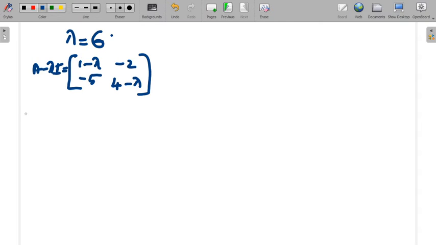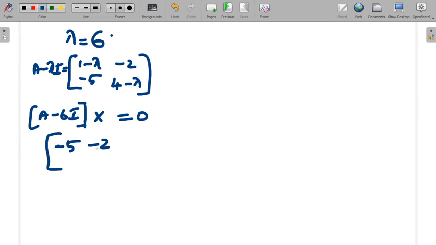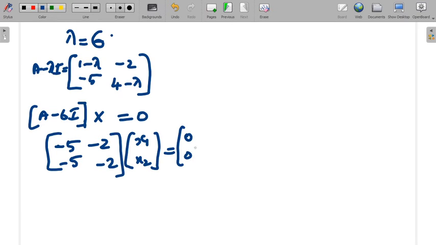So when lambda equal to 6, we try to solve the system A minus 6I into x equal to 0. So we get the system as minus 5, minus 2, minus 5, minus 2 into x1, x2 equal to 0, 0.